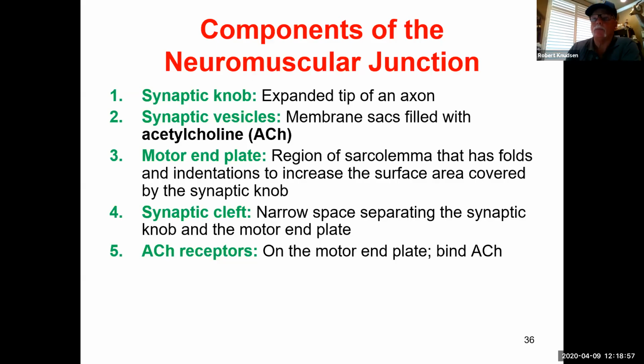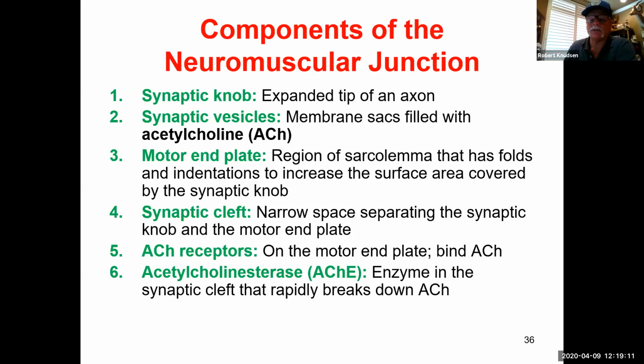And then on the postsynaptic membrane, you have receptors, which are guards to the gate. And when the neurotransmitter lands on those guards, the guards open the gate and allow sodium to come in, and it'll go down the T-tubule. Acetylcholinesterase. Now, when you see that E at the end, it means enzyme.